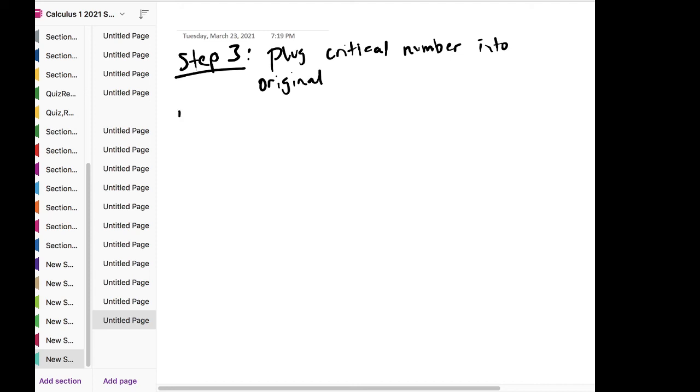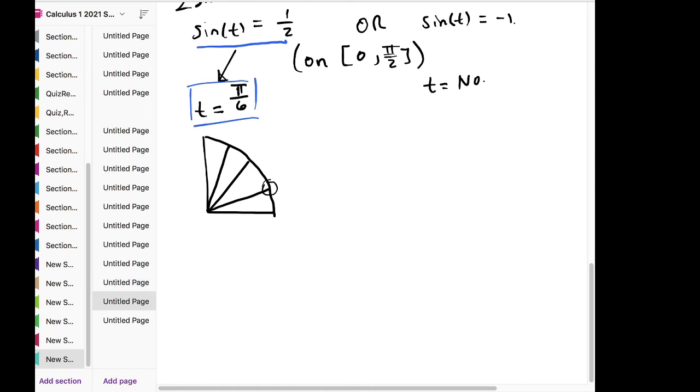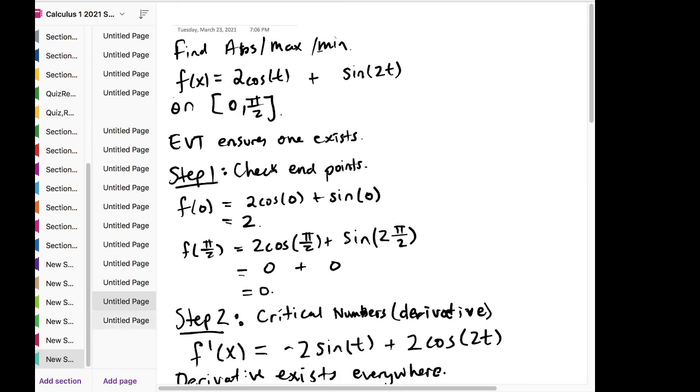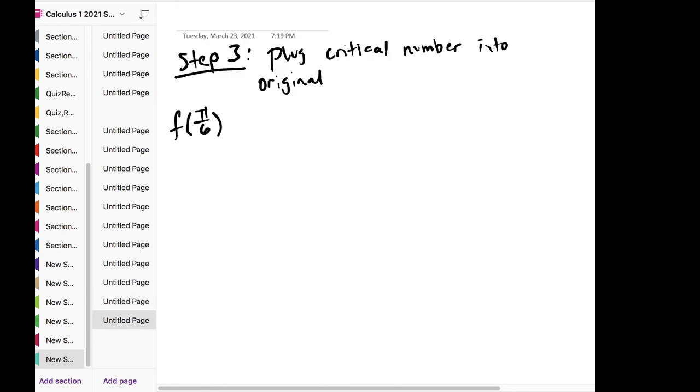So what's f of pi over 6? Forget what our original was. 2 cosine t plus sine 2t. So 2 cosine of pi over 6 plus sine of 2 times pi over 6.